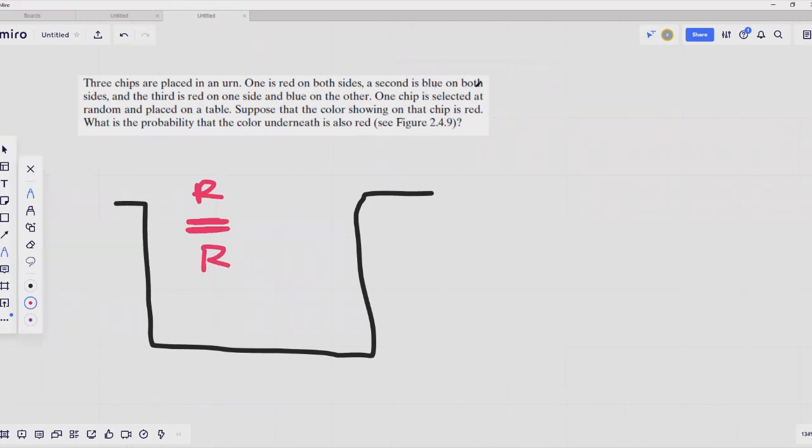A second is blue on both sides. And a third one is red on one side and blue on the other. So blue on one and red on the other.